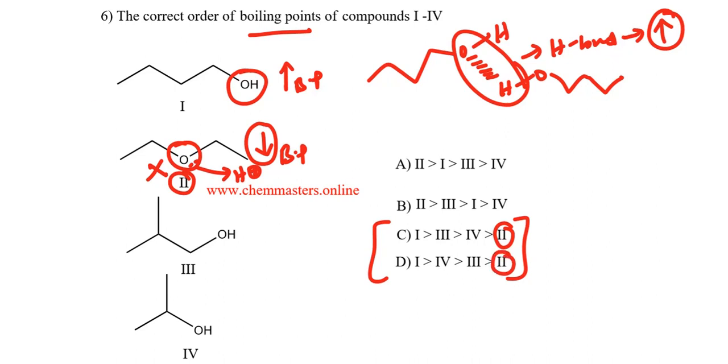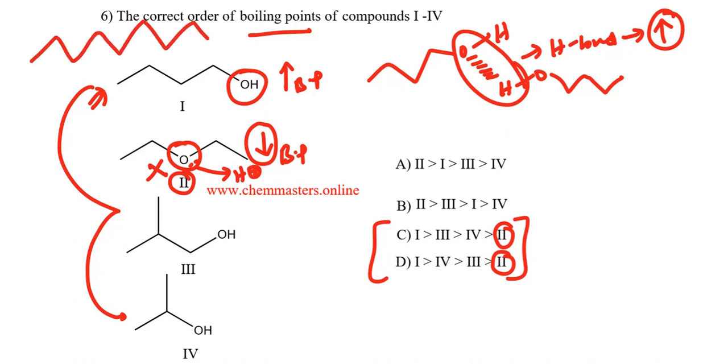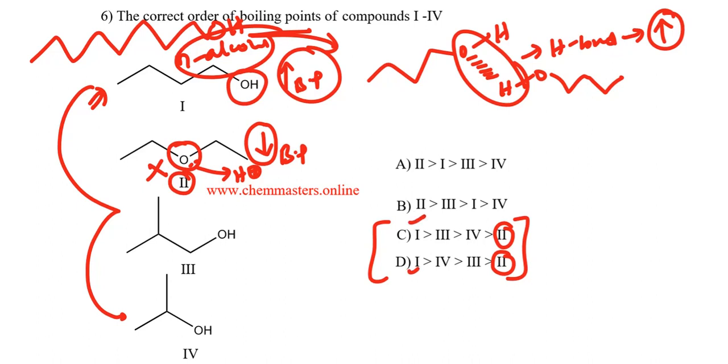Now just look at the given three alcohols, 1, 3 and 4. Just remember that higher n alcohols will have higher boiling points. Now look at the third and fourth by that simple concept.